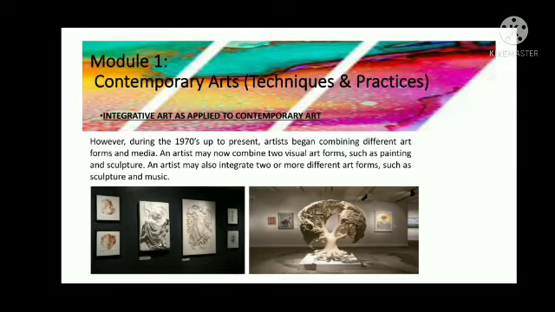This simply means that integrative arts as applied to contemporary arts correlates different forms of art in different fields, which helps develop a mutual and harmonious relationship among different art forms and media.